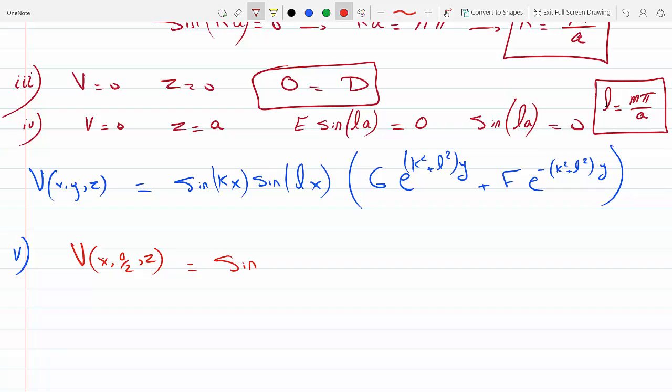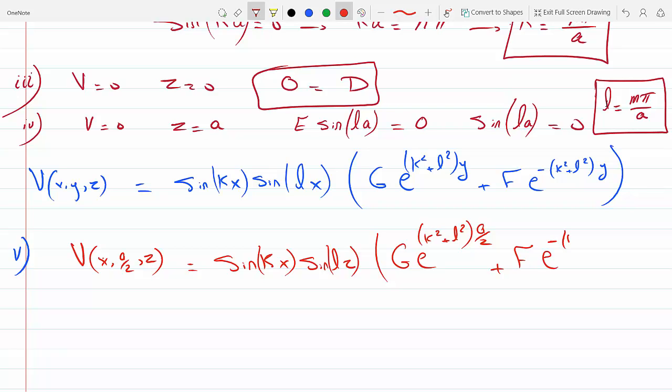So I will get sine kx sine lz, G e to the square root of k squared plus l squared times a over 2, plus F e to the minus square root of k squared plus l squared times a over 2.